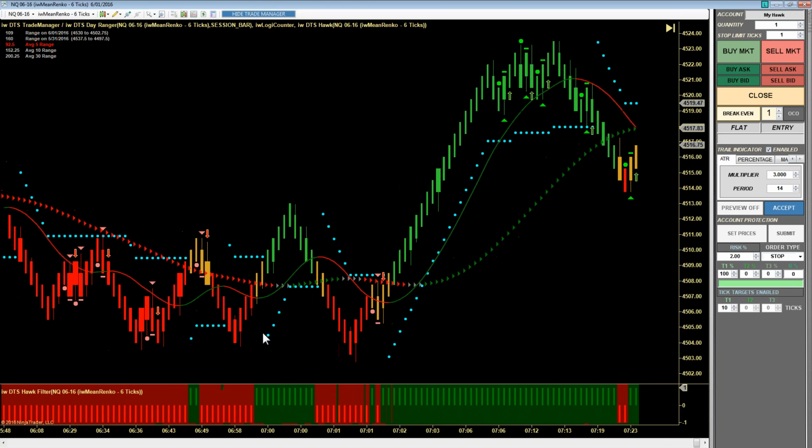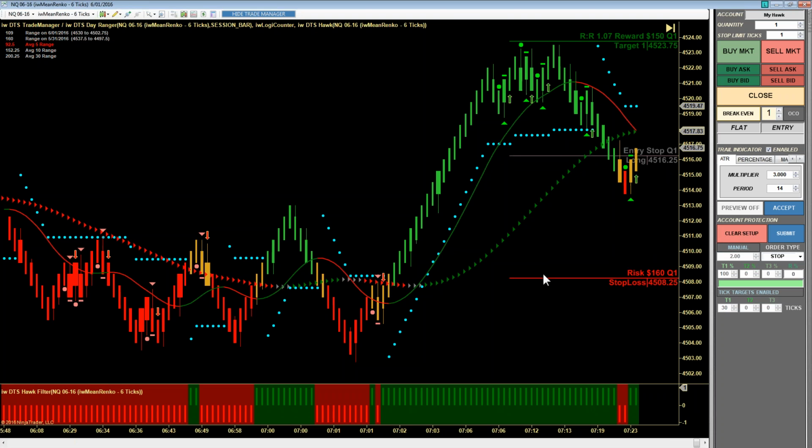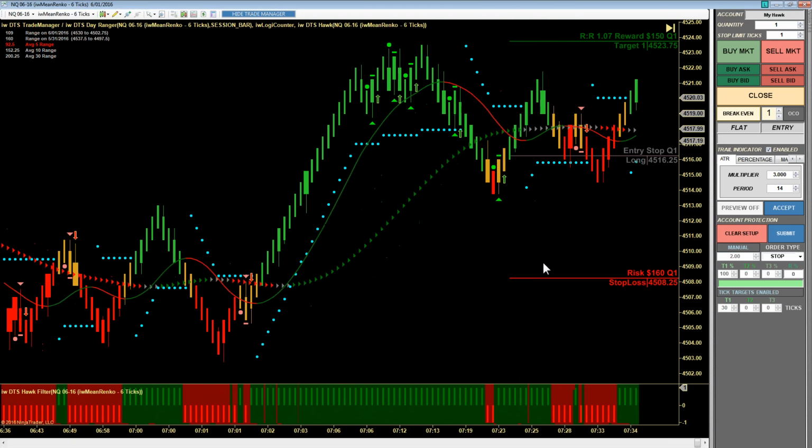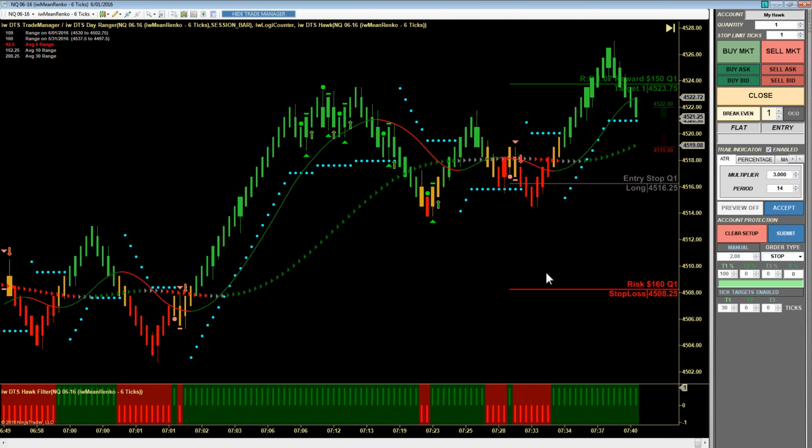So let's say we did a 30-tick target off of this red bar buy signal, and we'll just do a single. So we're going to take the signal, maybe run our stop here, and there you go. You got your 30 ticks. So you've got 20% of the daily range on that move.